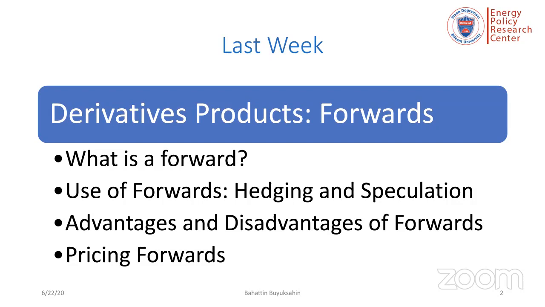The primary use of a forward contract is to lock in a price at which one buys or sells a particular good in the future. This implies that the contract can be utilized to manage price risk.